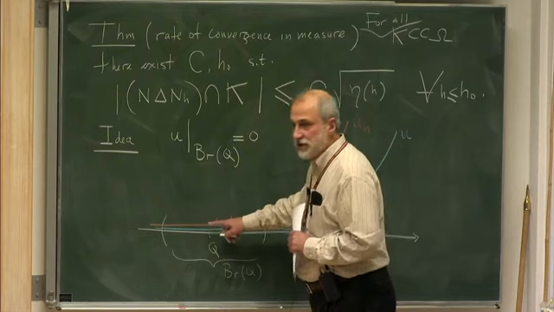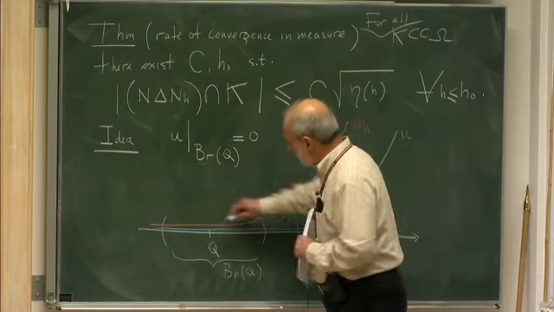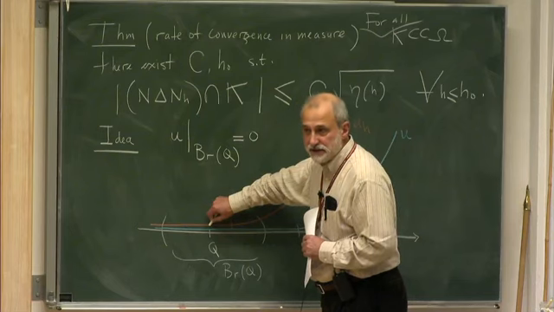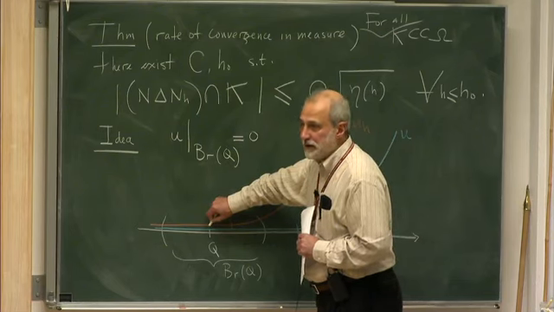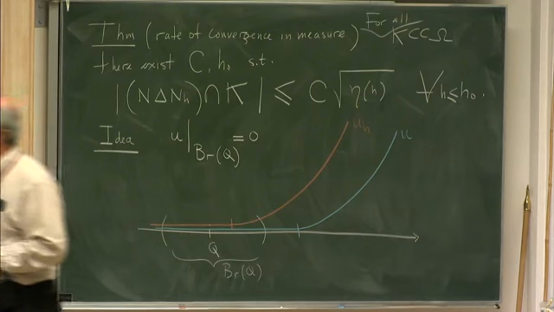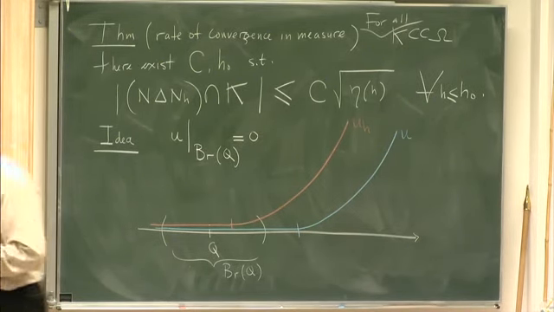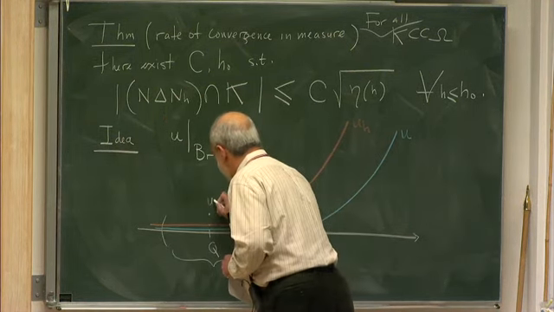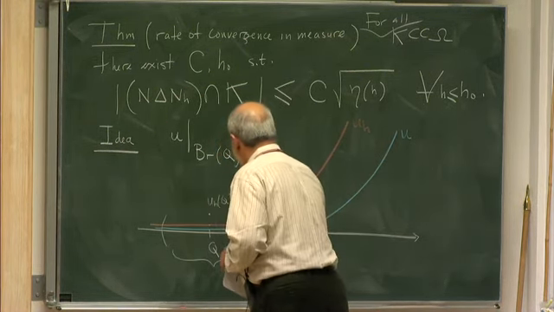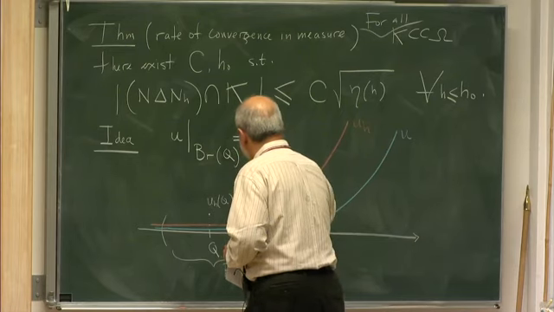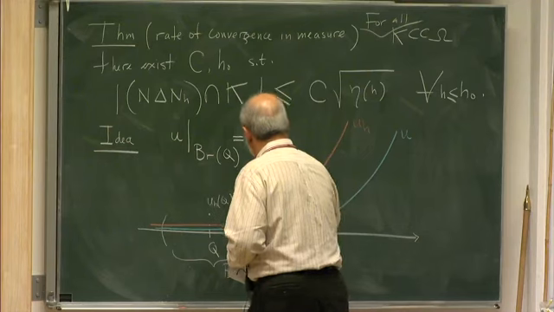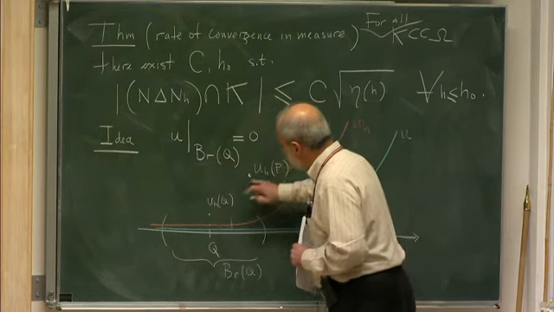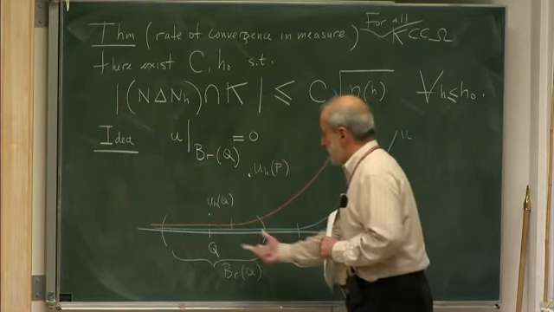Now, if the function u_h happens to be positive at this point, then because of this theorem, there will be another point within the ball where the difference between these two will be r squared.